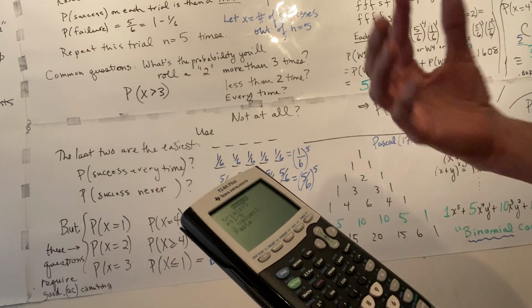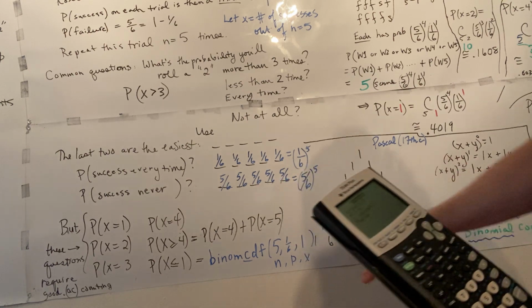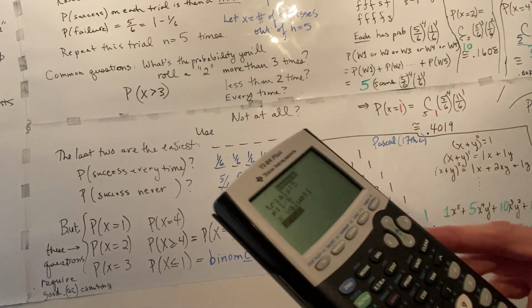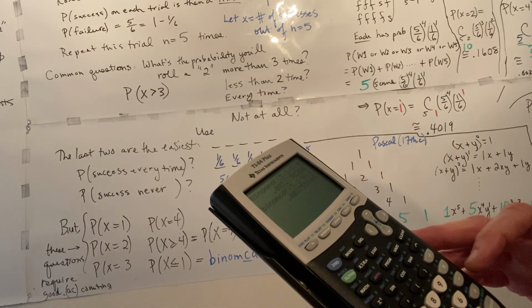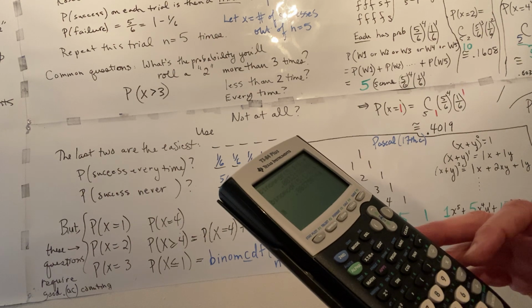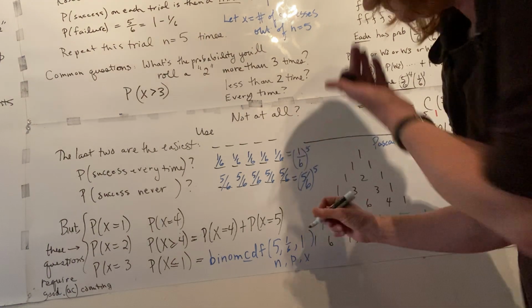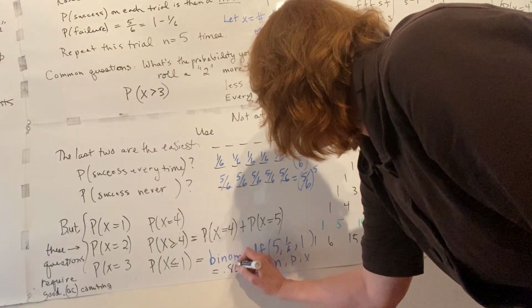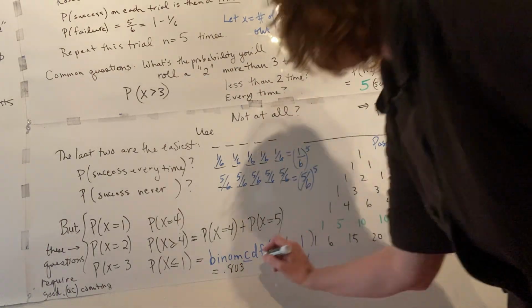So I'm accumulating all the probabilities up of successes of size 1 or below. And this is going to paste them in there. And I'm going to get 0.803755. All right, so this is 0.803755.